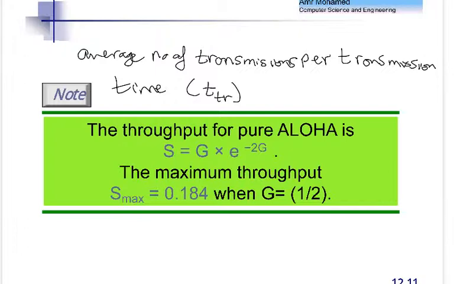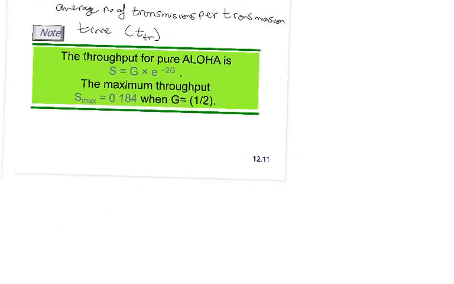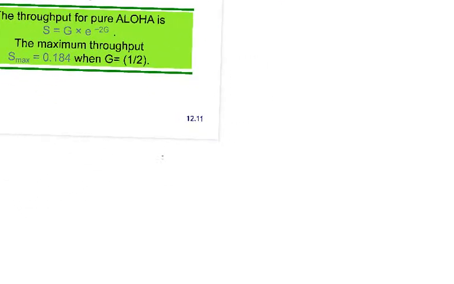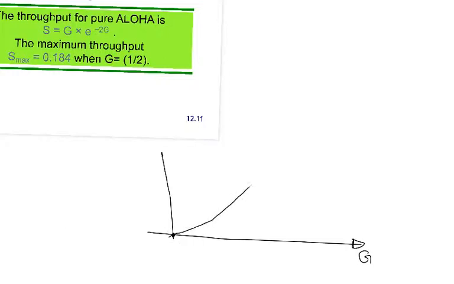So the throughput is a mix of exponential and linear function based on the parameter g. We can analyze the throughput as a function of g. When g is 0, the throughput is 0, and it increases with a mix of exponential and linear behavior up to a value where g equals half, and we'll talk about why it's half.